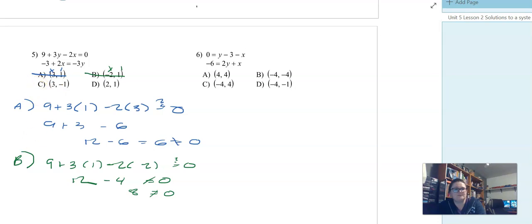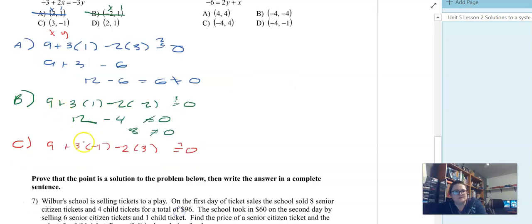I'm going to get a new color. So C, I'm going to do 3 is x and negative 1 is y. So I'm going to have 9 plus 3 times negative 1 minus 2 times 3. Is that 0? So that is 9 minus 3 minus 6, which is 0.